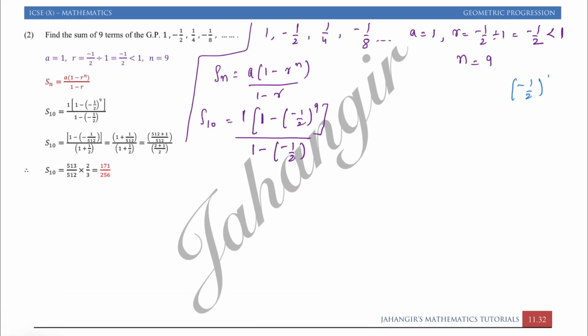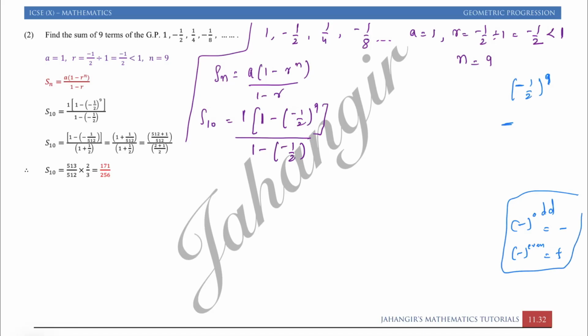So if you see, I will just explain one thing. Minus half raised to 9. Minus raised to 9 is always minus. Negative raised to odd power, that you learned in 9th standard, is always negative, and negative raised to even power is always positive. Whenever you get negative raised to even power, even is 2, 4, 6, 8, so the answer you always get is plus.